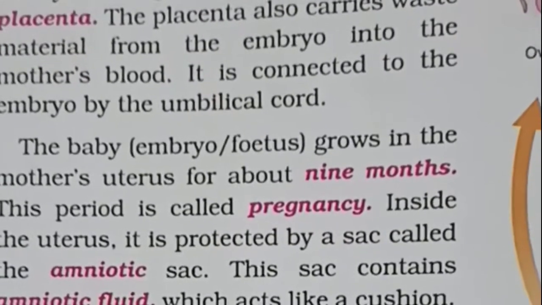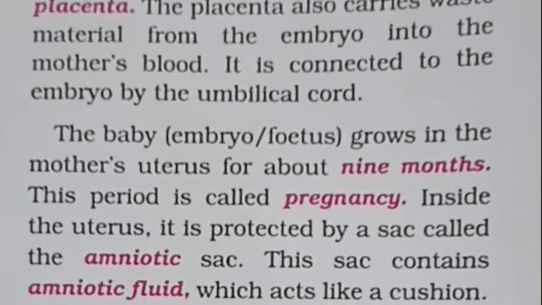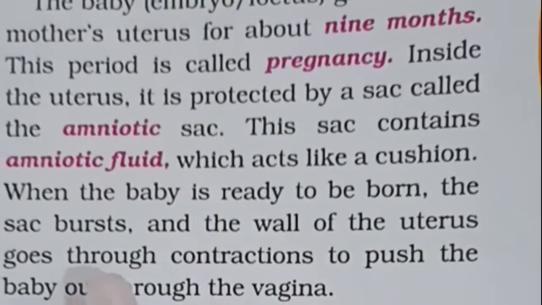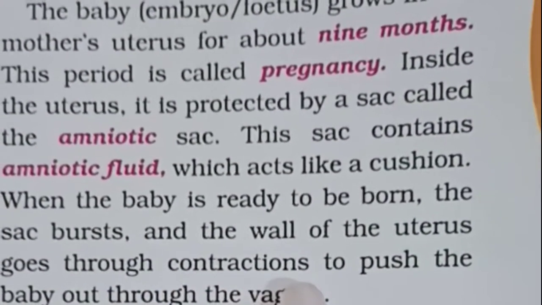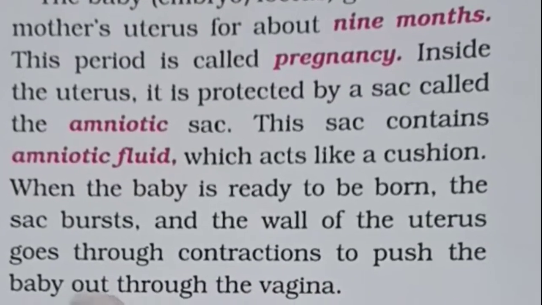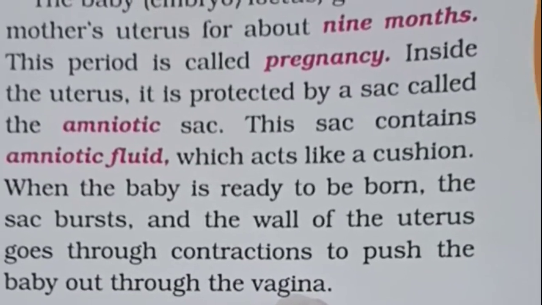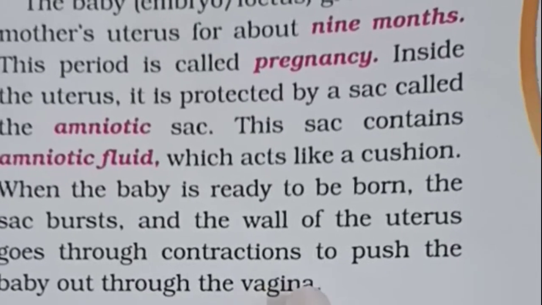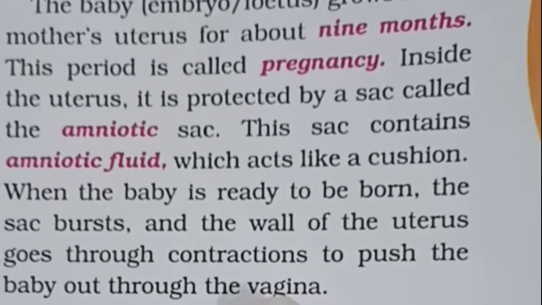And when the baby is ready to be born, the sac bursts and the wall of the uterus goes through contractions to push the baby out through the vagina. And therefore, the vagina is also known as the birth canal, or birth passage.